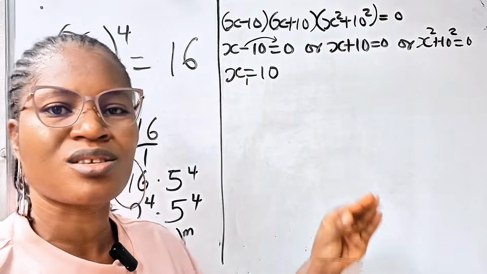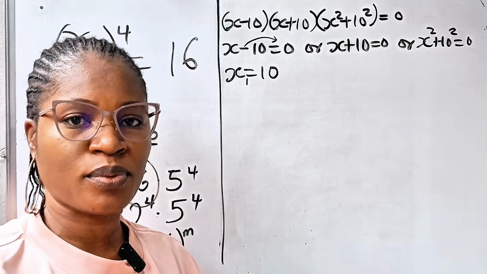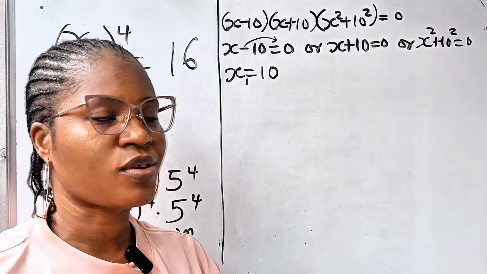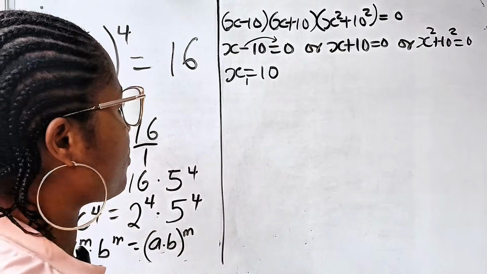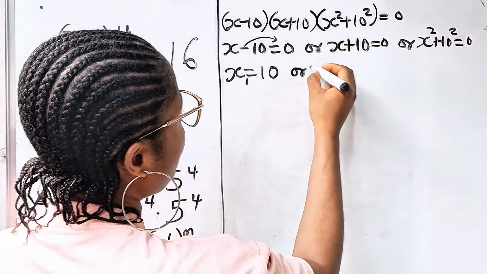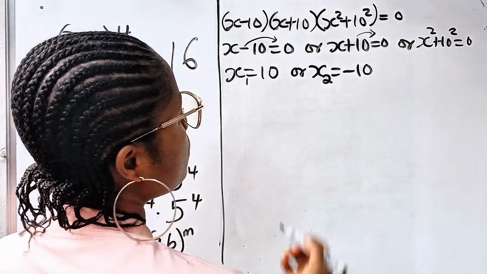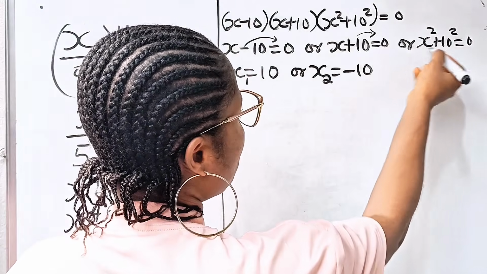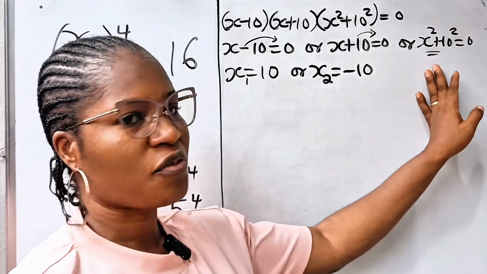We are going to prove that all the answers we got are correct. So ensure you sit put and see how we prove that, because that's a different mathematics solving on its own. Or we say that x2 is equal to negative 10 if we transfer this to this side. Then for this, we are going to solve this using a different method.